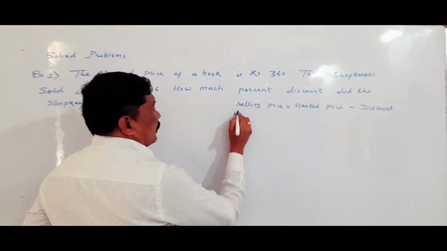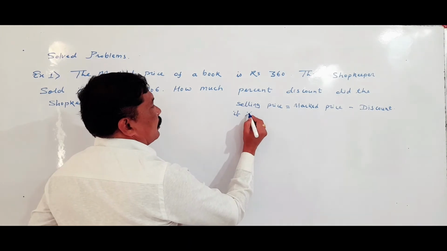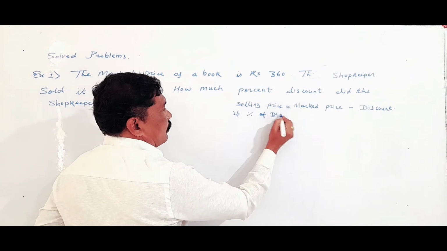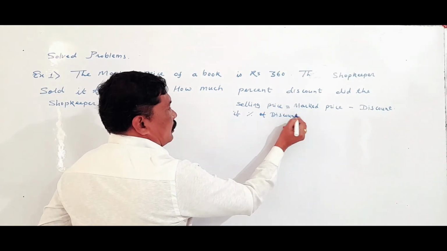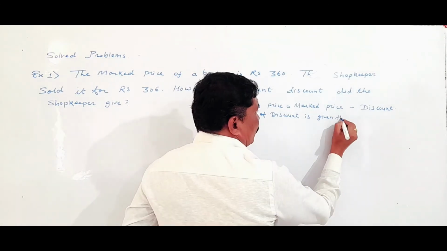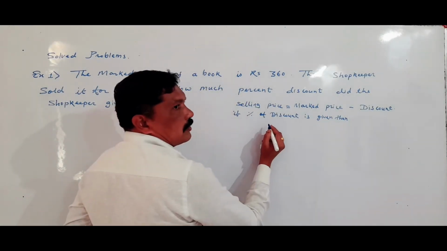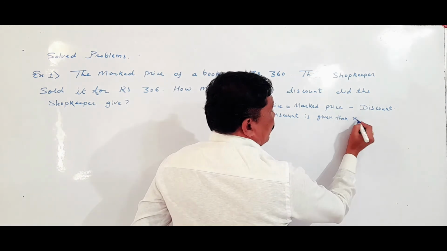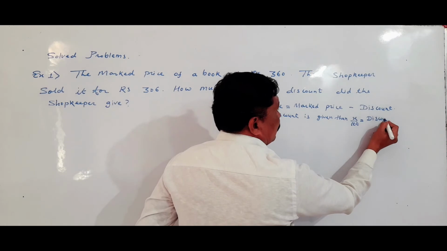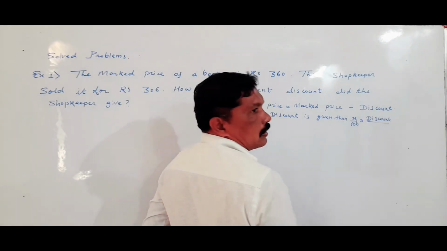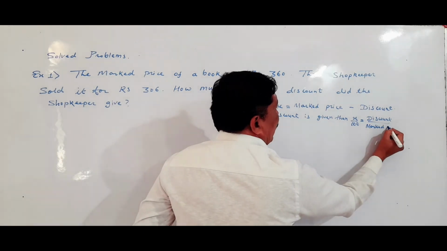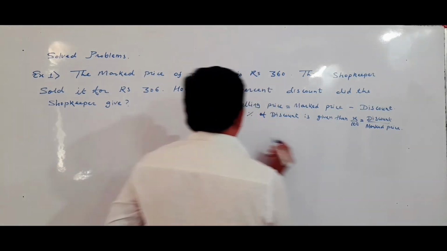Second, if the percentage of discount is given, then X upon 100 is equal to discount upon mark price.